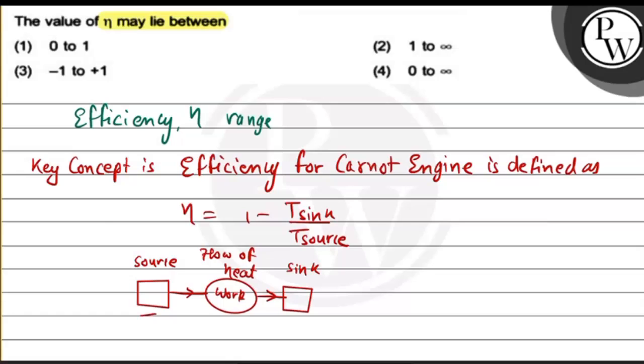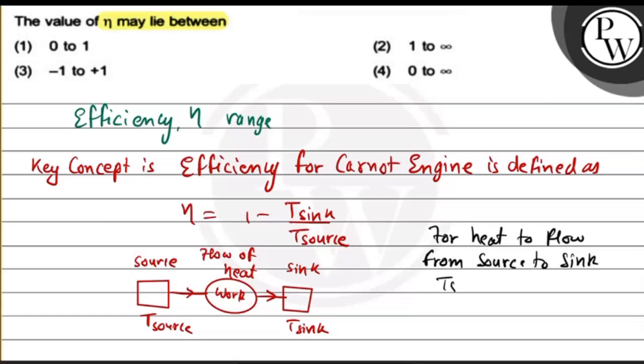Okay, so for heat to flow, let's say T of source is the temperature of source and T of sink is the temperature of sink, then for heat to flow from source to sink, T source should be greater than T sink, correct?